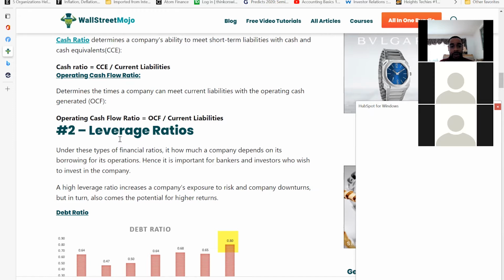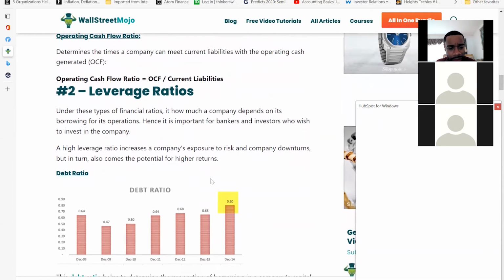Do you guys remember that from last week? That's what they're talking about. You take that operating cash flow and divide it by current liabilities. And remember, operating cash flow really gives you a real look at whether this company is generating pure cash flow from its operations, which is very important to know. So they're asking, can their operations cover its current liabilities?